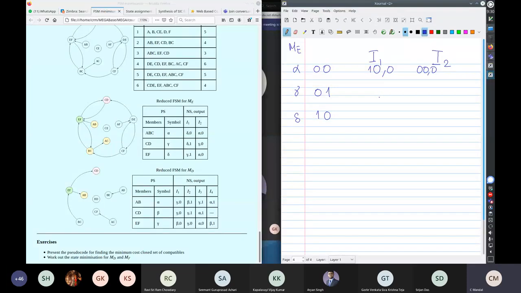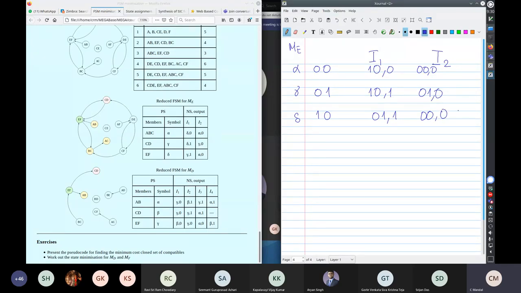Here it is delta, which is 1, 0, and the output is 1. Here it is gamma, which is 0, 1, output is 0, and this is gamma, which is 0, 1, and the output is 1. Alpha is 0, 0, and the output is 0.